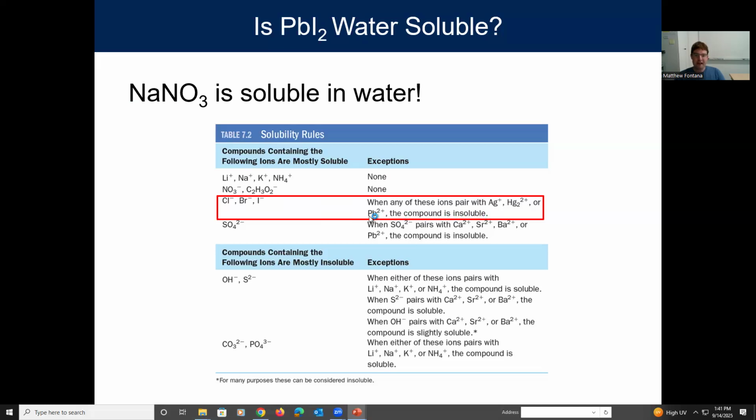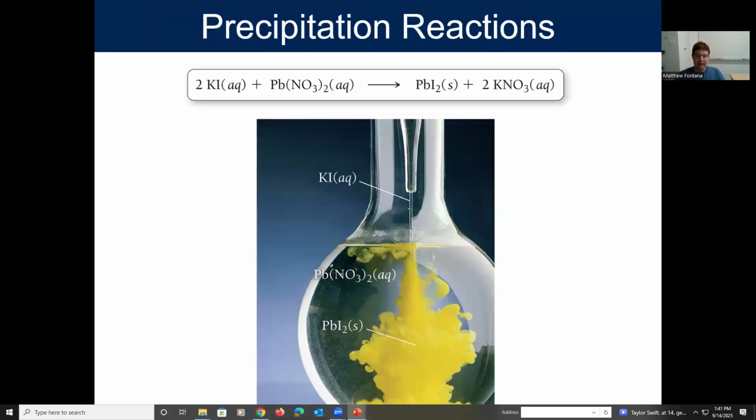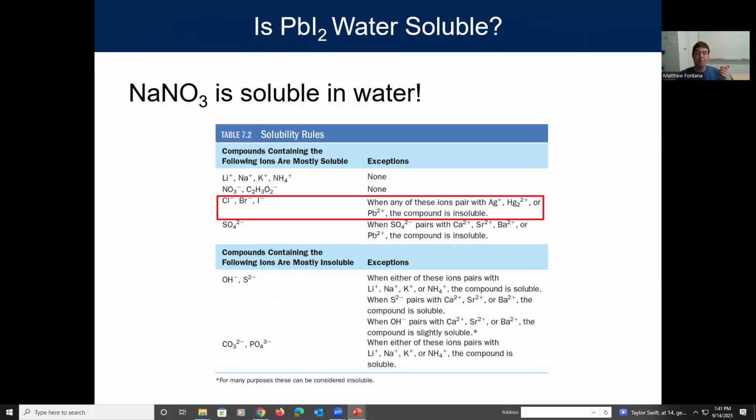You notice that here we have lead, which is an exception. Since we have lead with iodide, it's going to be insoluble. That's our insoluble lead iodide right here. So that's how we can use the table to determine that lead iodide is insoluble in water.